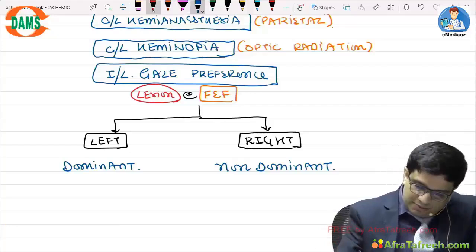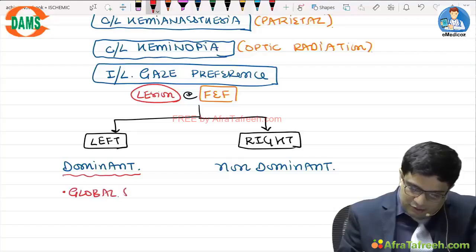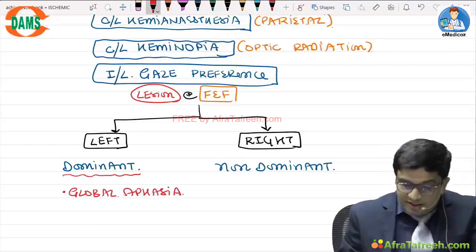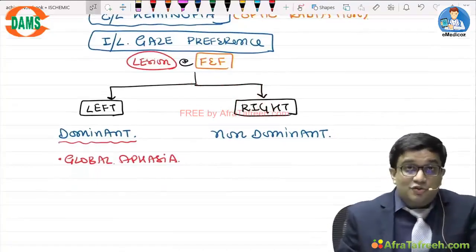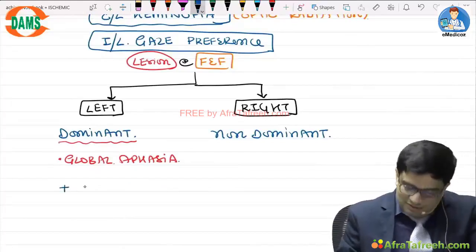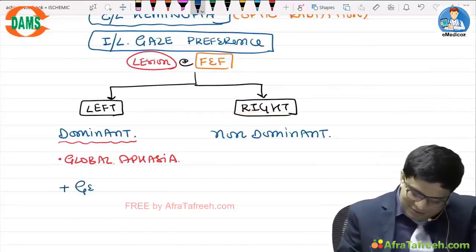So both of them are gone if the lesion is on the left side, and we'll have a global aphasia in the patient. And of course the left-sided angular gyrus is also involved. So one thing extra, the Gerstmann syndrome, that will happen in them.